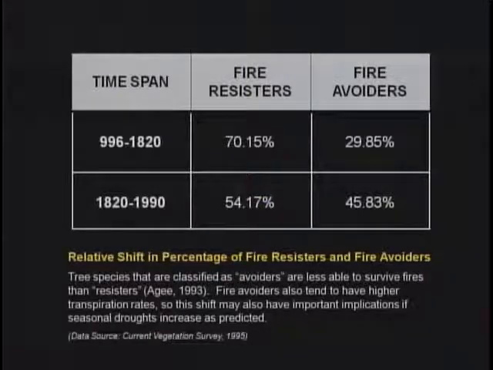Okay, now what does that say? Number one, that if you take fire out of the system, you're going to get more fire avoiders too. But the other thing, and this just occurred to me when we were out in the field, Dave, with Dick Waring, is that hemlocks and true firs transpire more than Doug firs and ponderosa pines. And so not only do we have tree species that aren't as fire tolerant, we also have tree species that are pumping more water into the air.